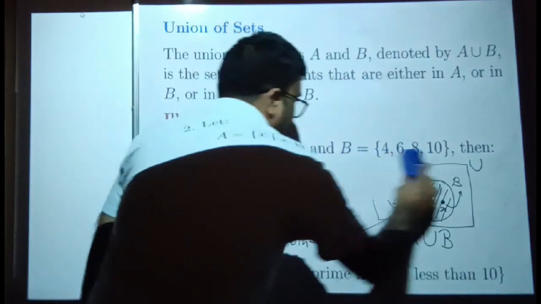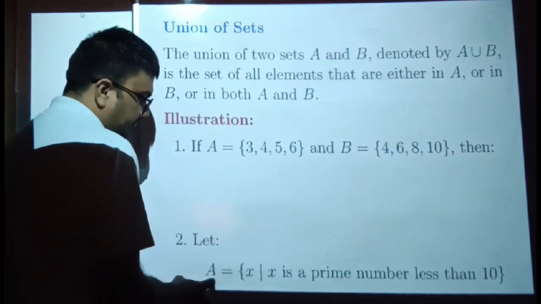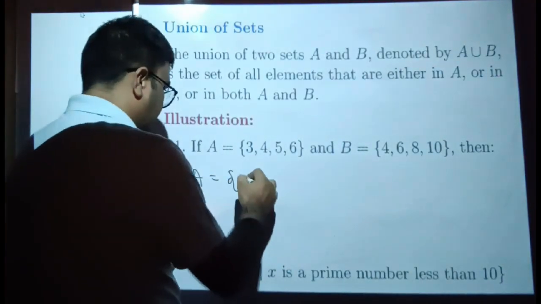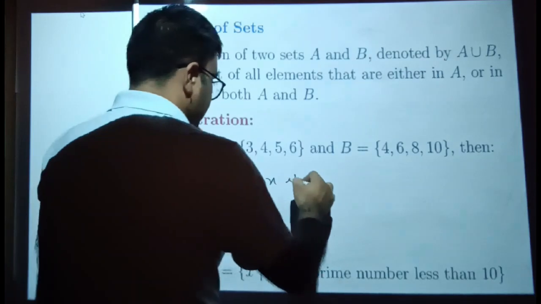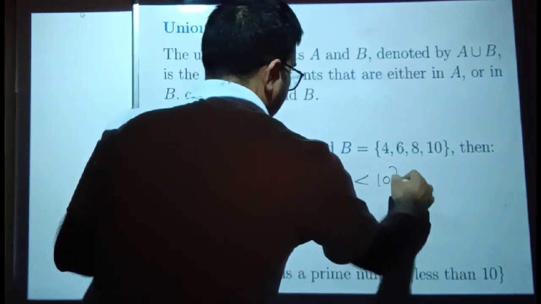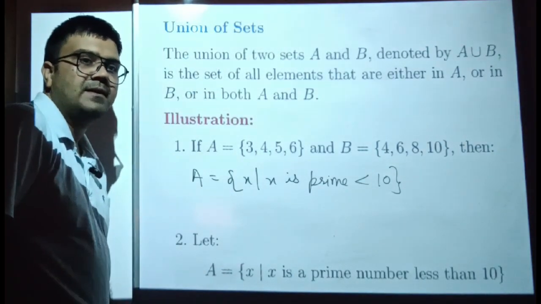Let us consider another example. Two sets are given. One is the set A, which is the set of X such that X is a prime number less than 10.